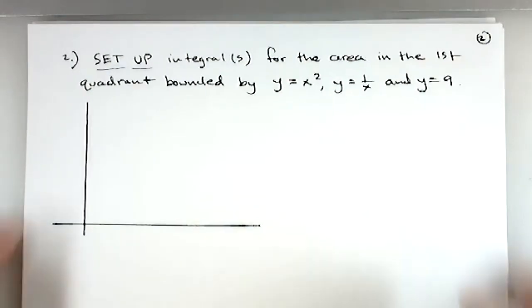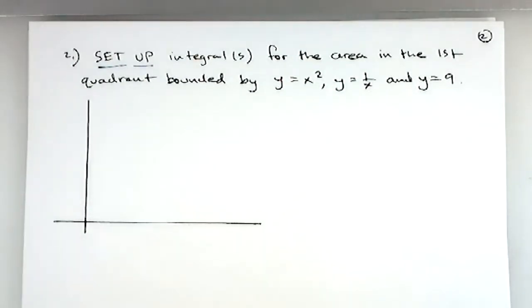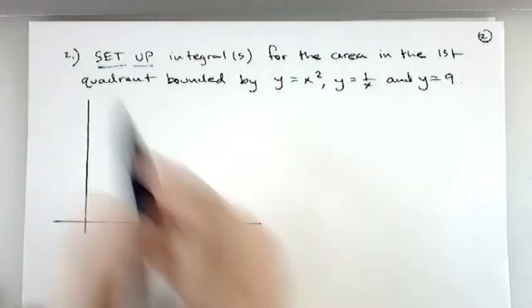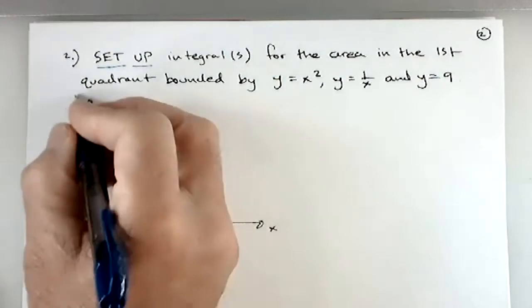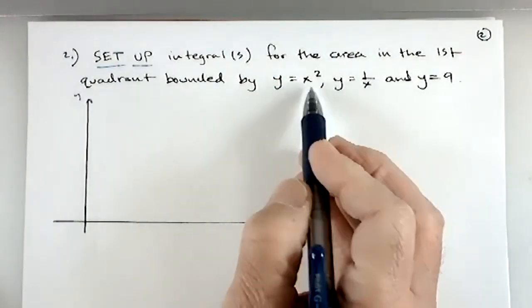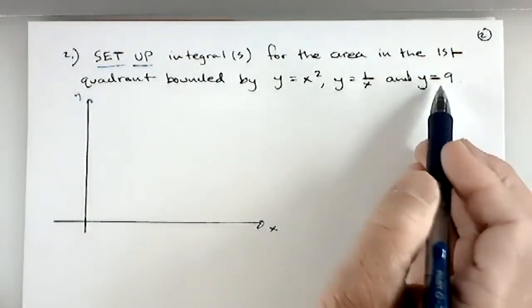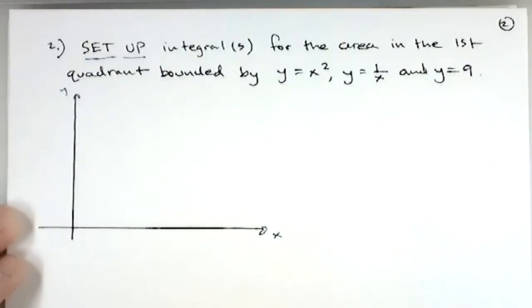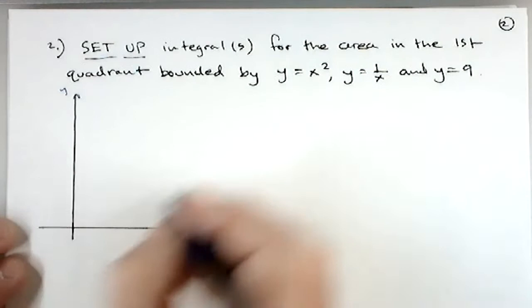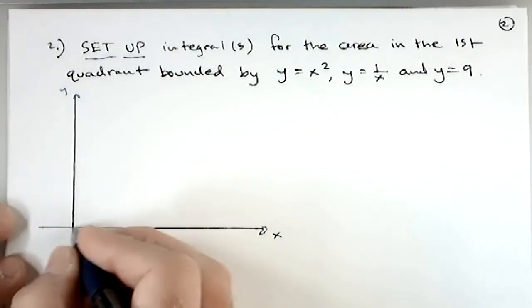So this one will just set up. We won't actually work out the integral. Find the area in the first quadrant, that's why I only drew the positive x and y axis, bounded by y equals x squared, y equals 1 over x, y equals 9. In the first quadrant, y equals x squared would just be the right half of your parabola.